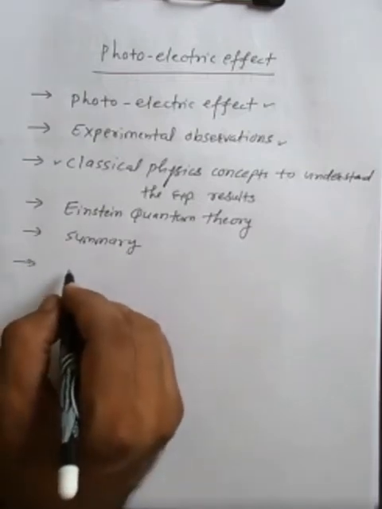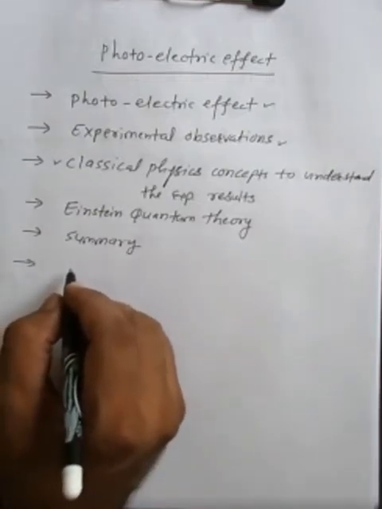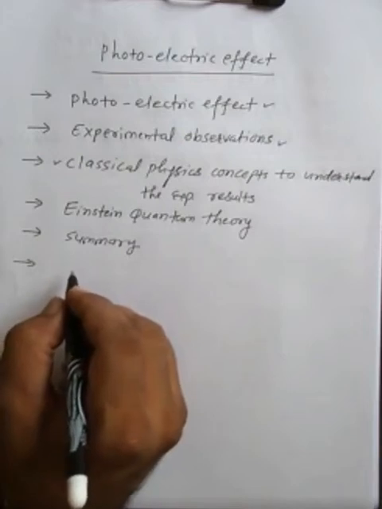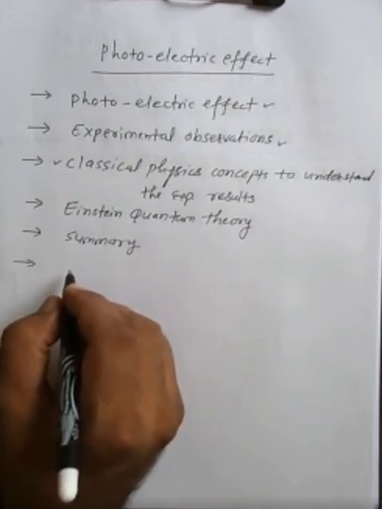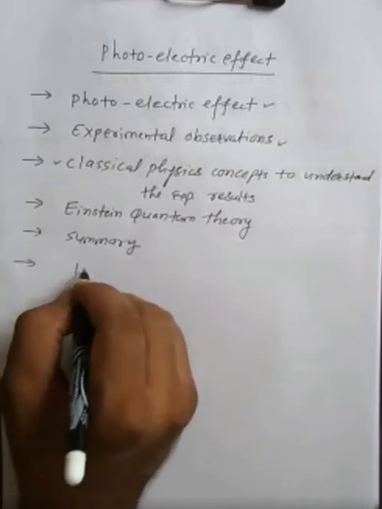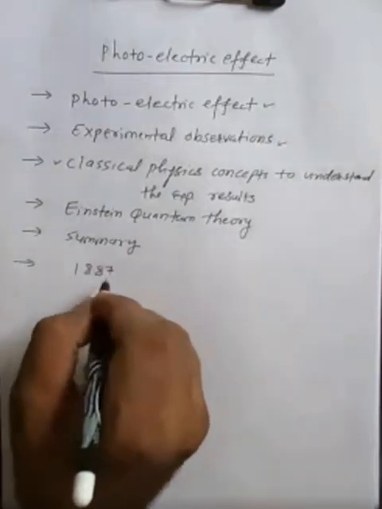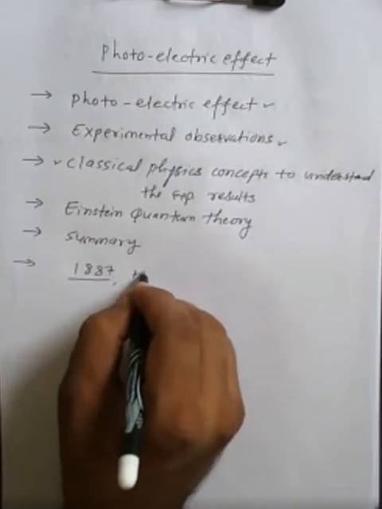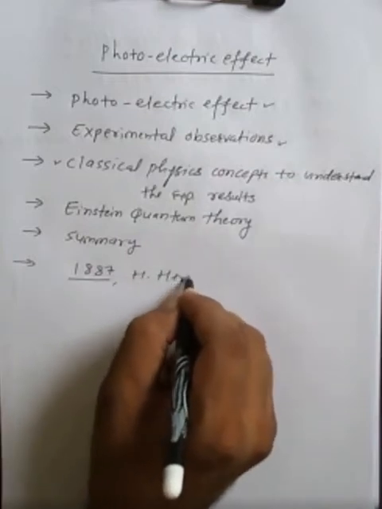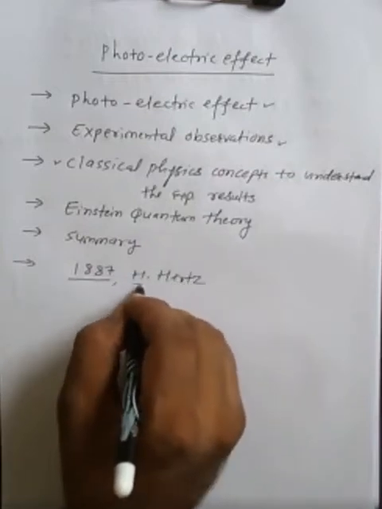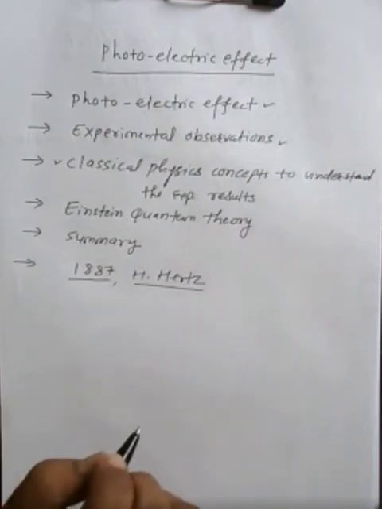The photoelectric effect was first discovered by Heinrich Hertz in 1887. He discovered the photoelectric effect for the first time in the laboratory.